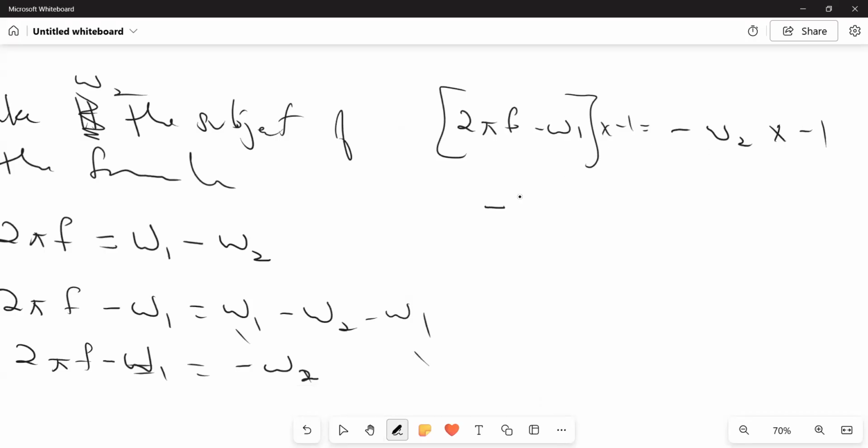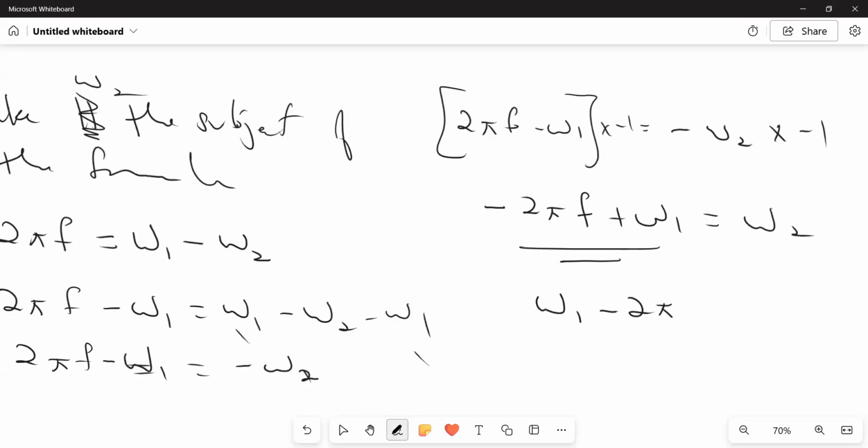You end up with minus 2 pi f plus W1 is equal to positive W2. Now this doesn't look too nice. So you can put the positive in front and you get W1 minus 2 pi f equal to W2, right? Or if you want to write that back as W2 equal W1 minus 2 pi f, right? That's one way of doing it.